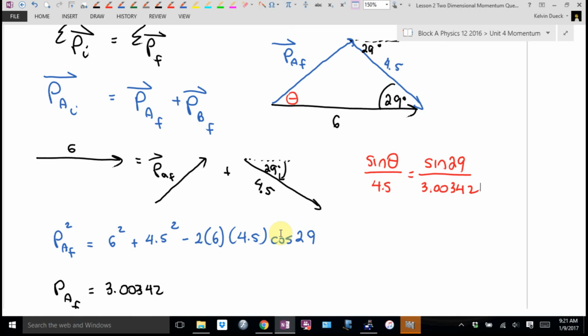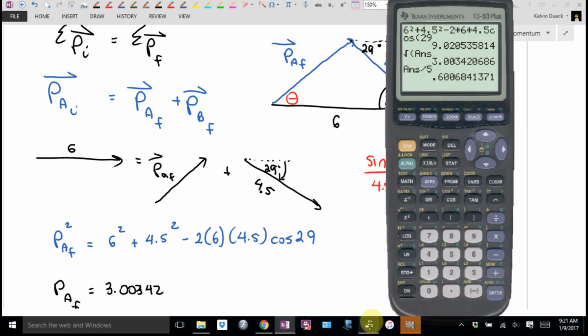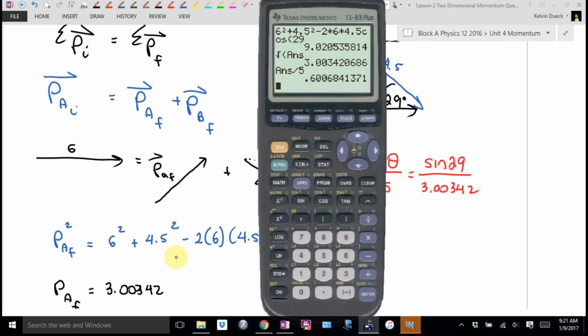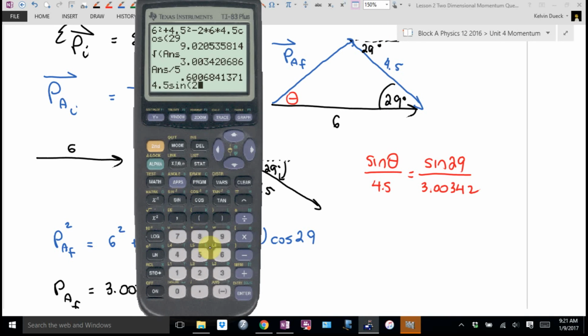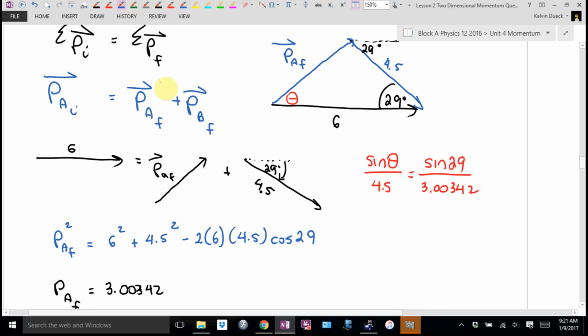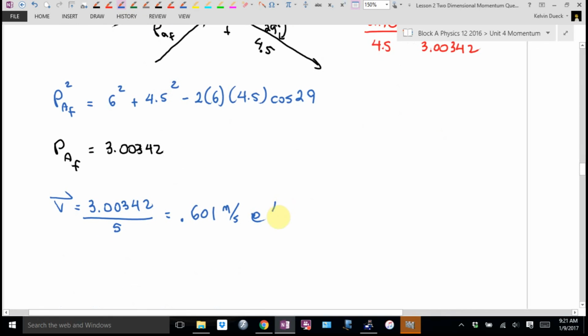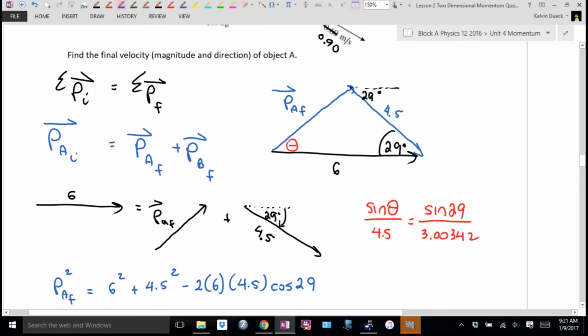Okay. And I get a theta of 46.6 degrees. What of what? North of south, east of west, what of what?